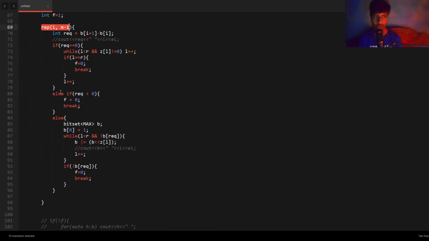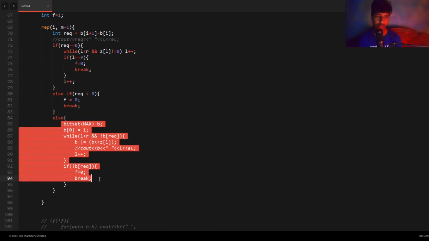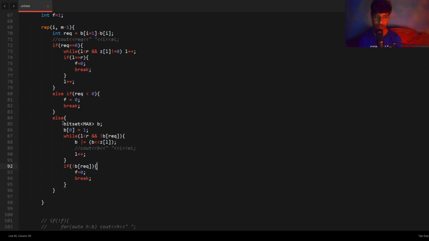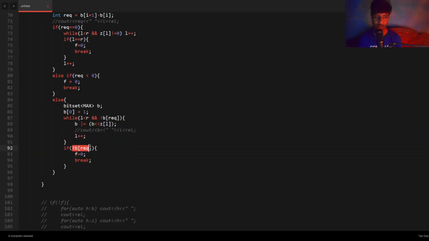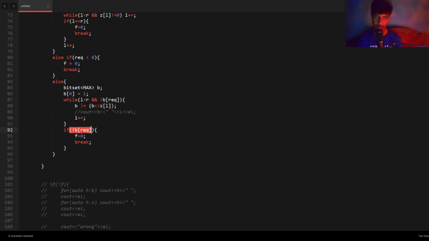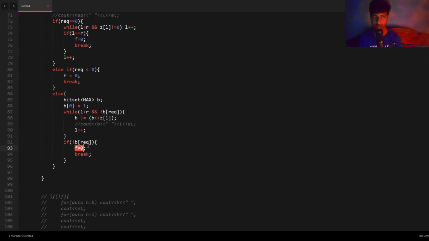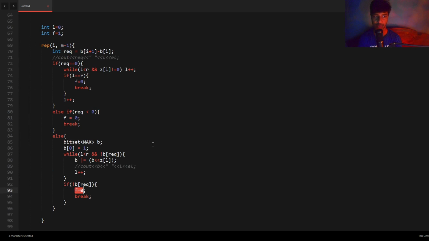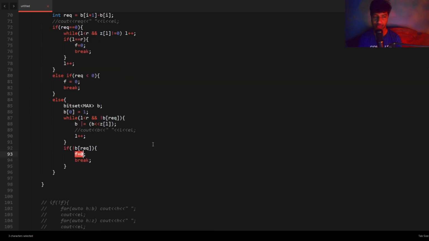And if REQ is positive, only then we look for something. This is actually the implementation of the 0-1 knapsack. If we do find it, we don't go further, right? If you don't find it ever, then you set F equals 0. Otherwise, you just partition and move forward, right?